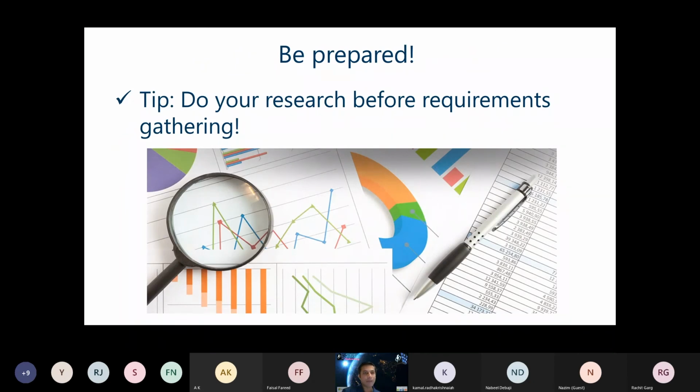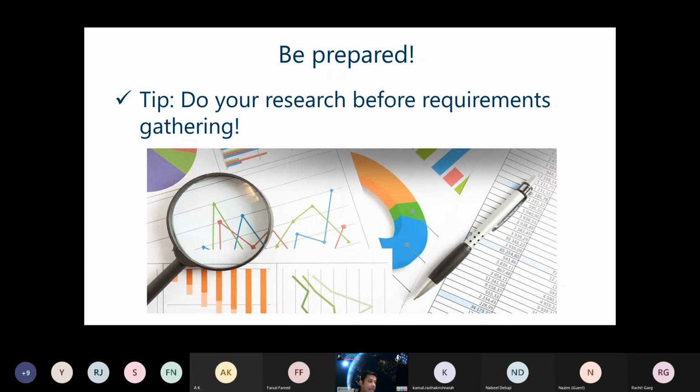So next one is be prepared. Go prepared. Even though this is consulting 101, it is an important facet that is quite often overlooked. Especially doing some basic research on the business. What do they do? What's their business model? How do they sell? How do they engage with their customers? Who possibly could be their vendors, suppliers?